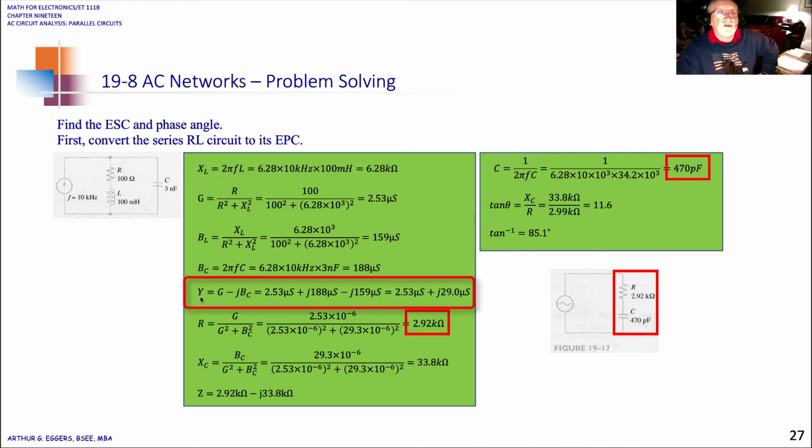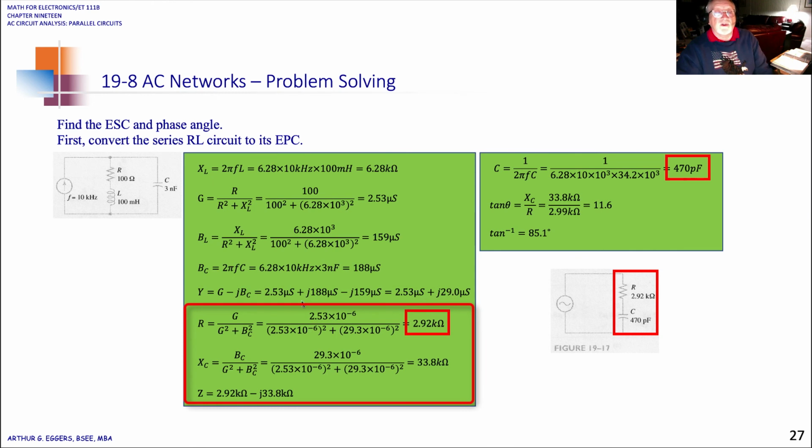Take our values and put them into the admittance equation, G minus j B sub C. We sum all of our terms together. That's all these values up here: 2.53, 188, 159, and we end up with a simplified 2.53 microsiemens plus j29 microsiemens.